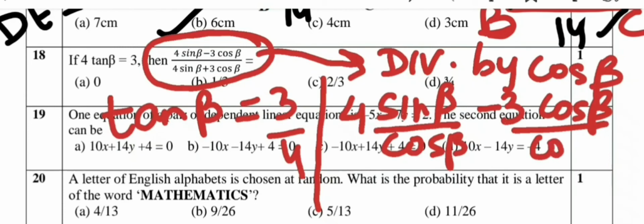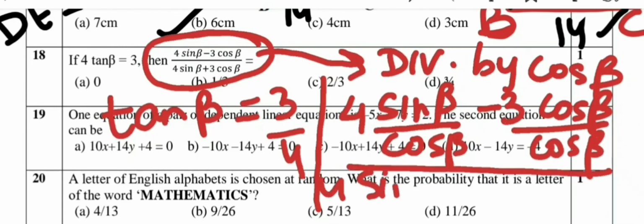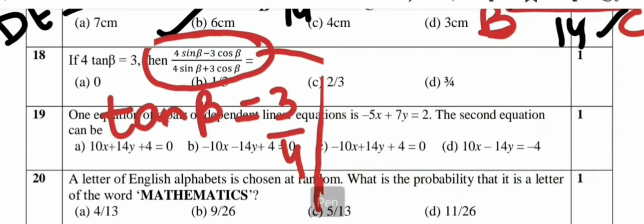So what we will get in the numerator is 4 sin beta upon cos beta minus 3 cos beta upon cos beta. Similarly, in the denominator we will get 4 sin beta upon cos beta plus 3 cos beta upon cos beta.